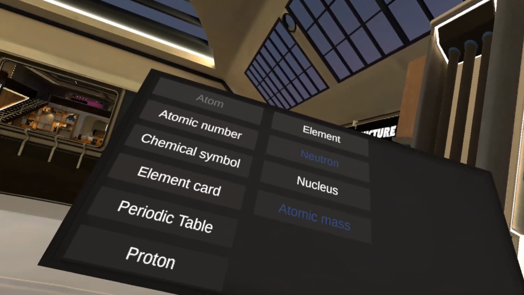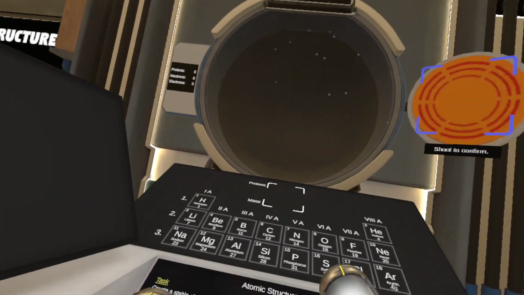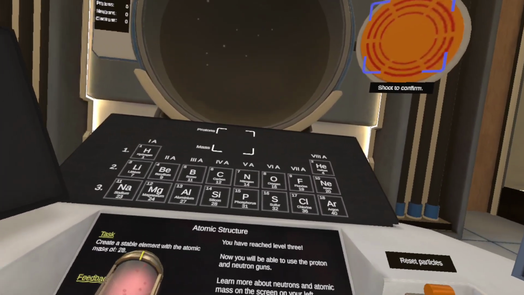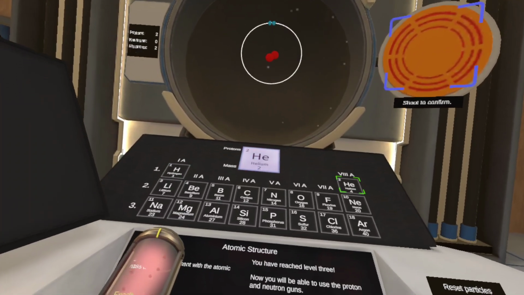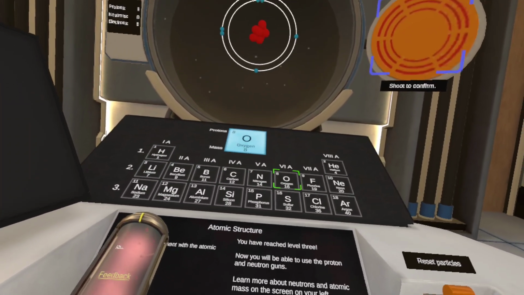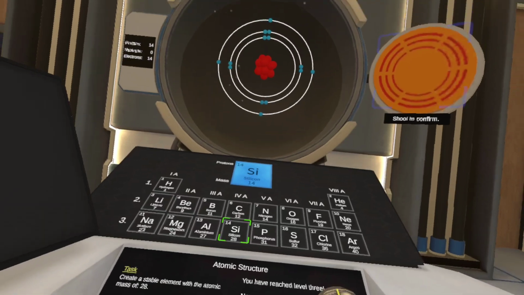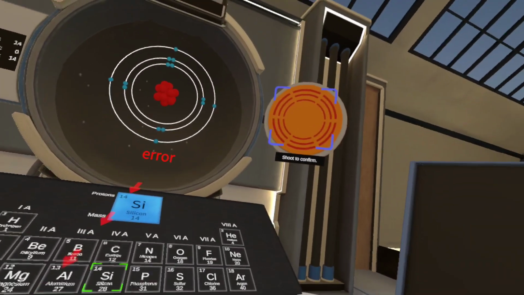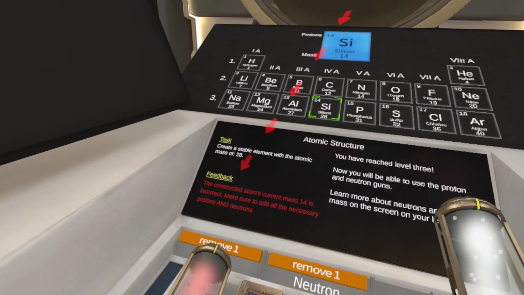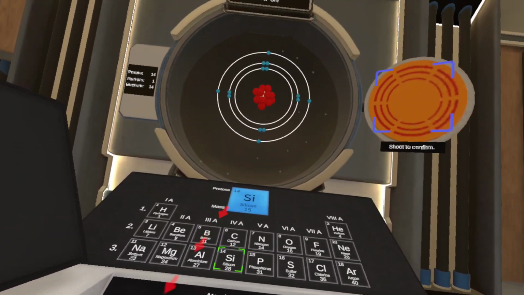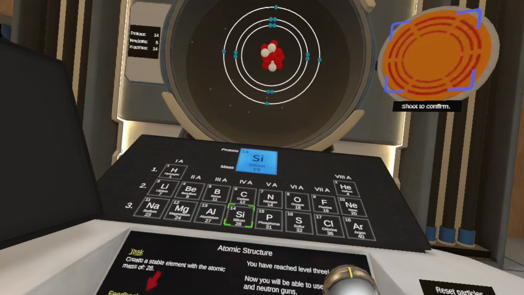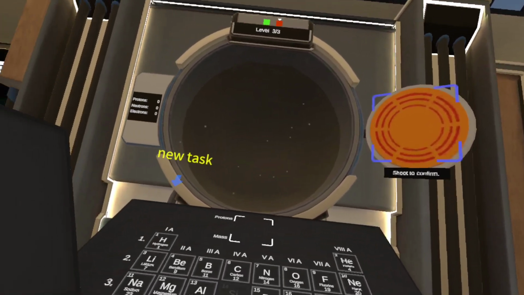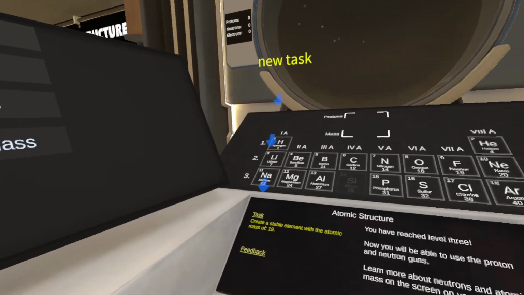Create an element with the atomic mass of 28. Create an element with the atomic mass of 19.